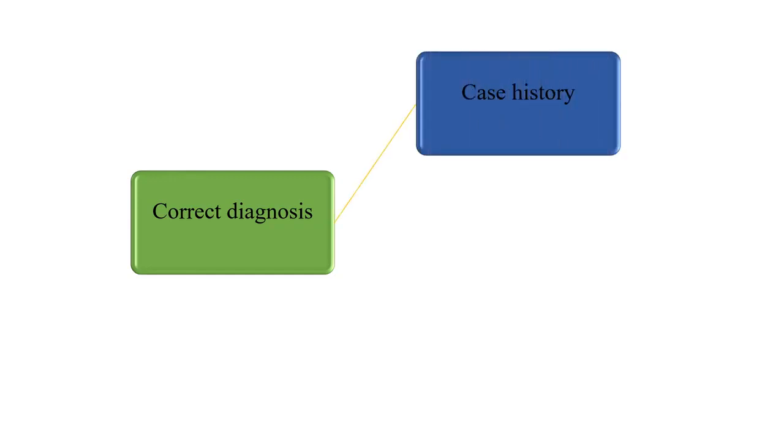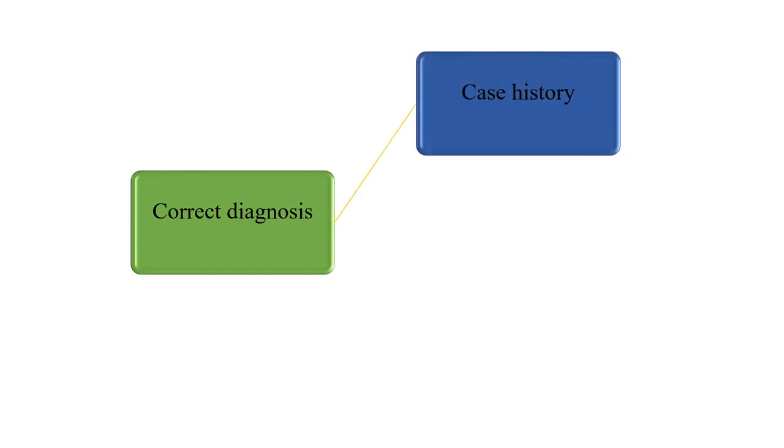So for correct diagnosis, can you think what are the different components required? Just pause this video and think for a second before proceeding further. So for correct diagnosis, there are three main components.